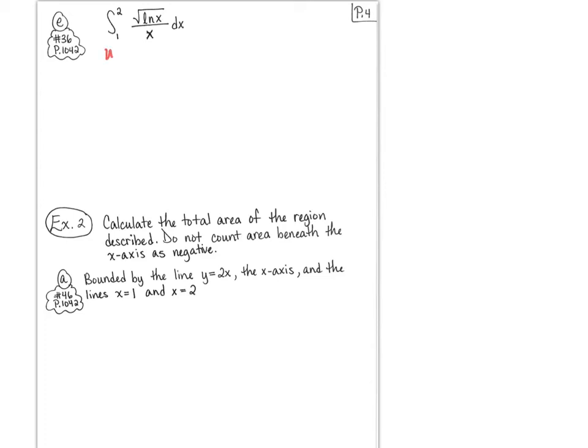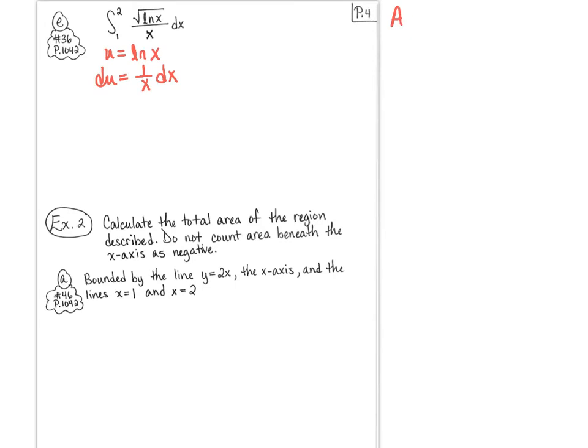So let's let u be equal to the natural log of x, and du is then 1 over x dx. Is that hard for you to see?